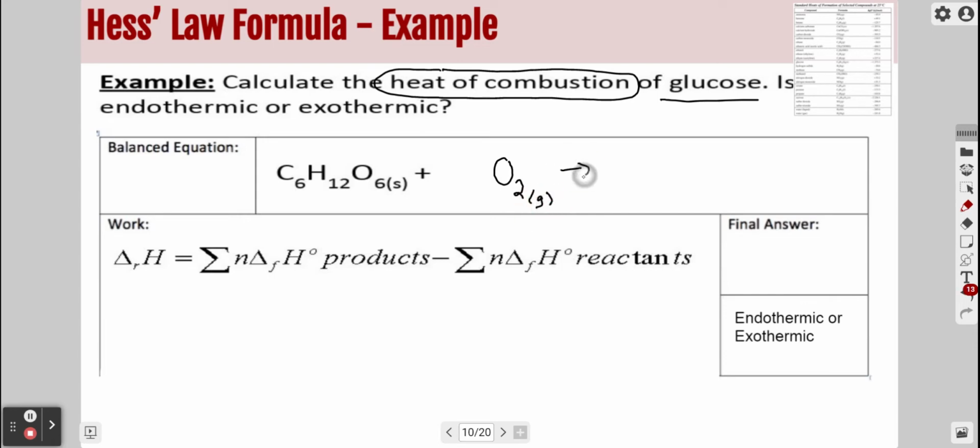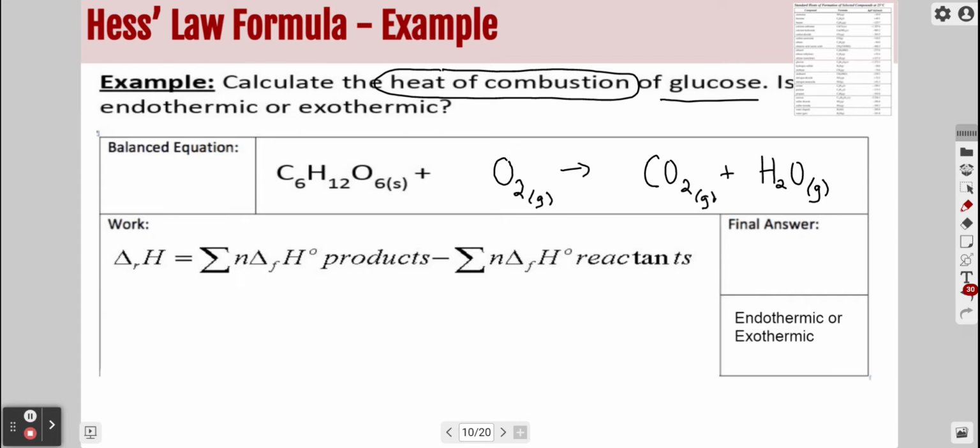And we're always going to form carbon dioxide, that's a gas, and water vapor. We're always going to assume water vapor or gas because we're talking about combustion. That means heat, that means hot, so the water is going to be a gas. If it's not going to be a gas, it'll tell you it's a liquid.